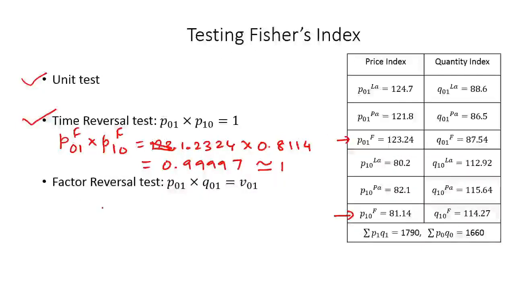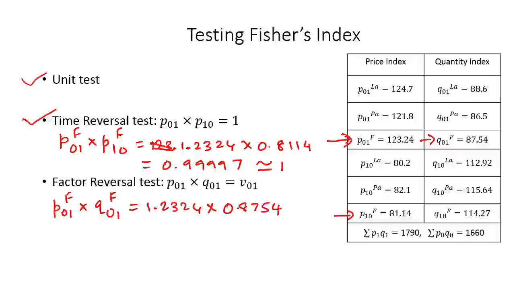Let us test for the factor reversal test. We require that P01 into Q01 should be equal to V01. So we are looking at P01 Fishers into Q01 Fishers. P01 Fishers is 1.2324, without the factor 100, into Q01 Fishers, which is 0.8754.